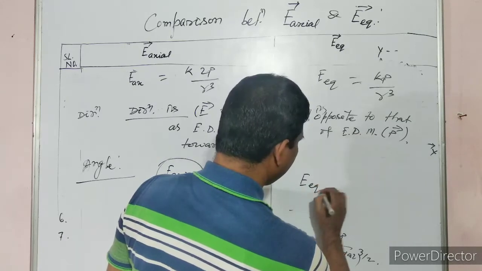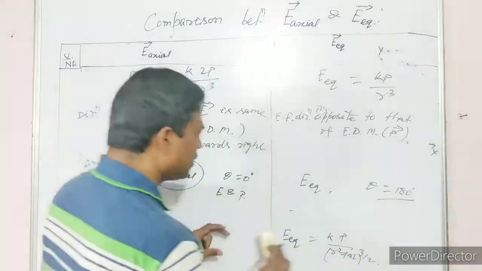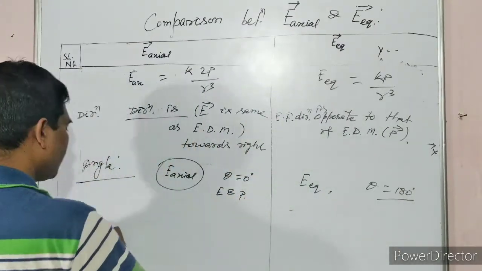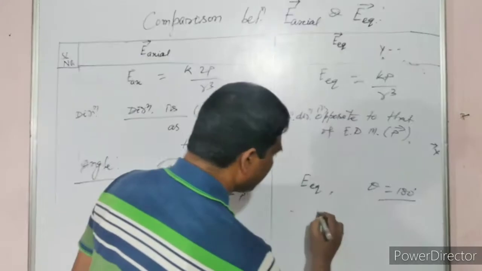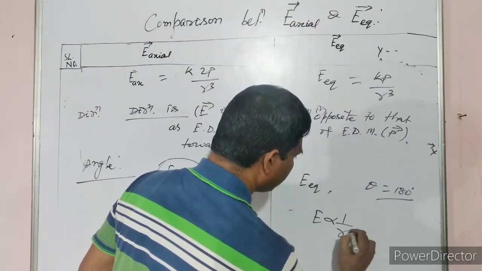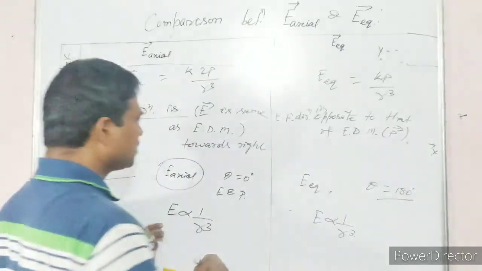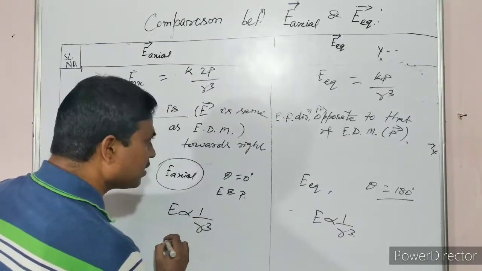In equatorial line, angle theta is equal to 180 degree. Okay, so then what important point are you getting? Important is, in both the cases, E is proportional to 1 by r cube. Yes or no? Direction, if you are getting this one, it is based on collinear vector. Here what are you getting?